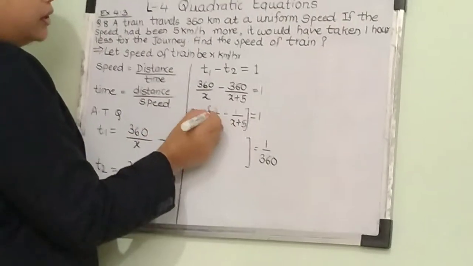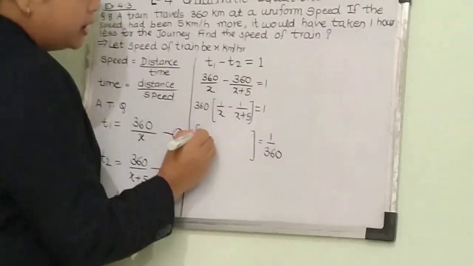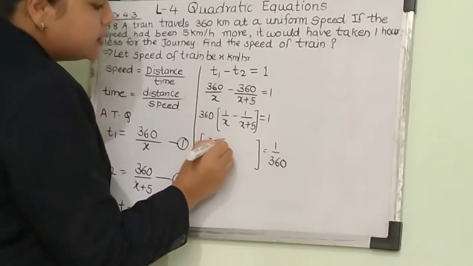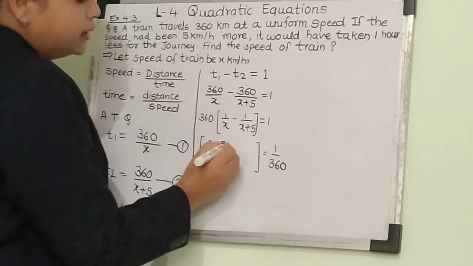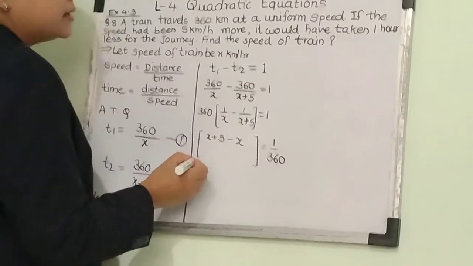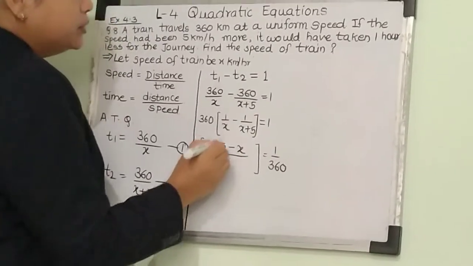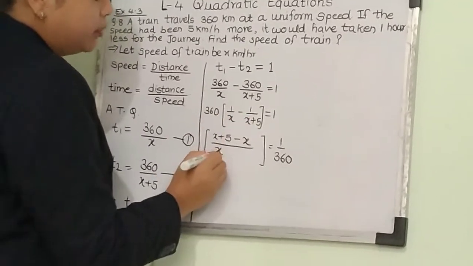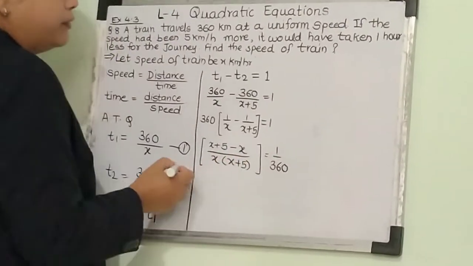Now we can do the cross multiplication. So x plus 5 into 1, we get x plus 5. Similarly x into 1, that is minus x, upon the multiplication of the denominators, so x into x plus 5.